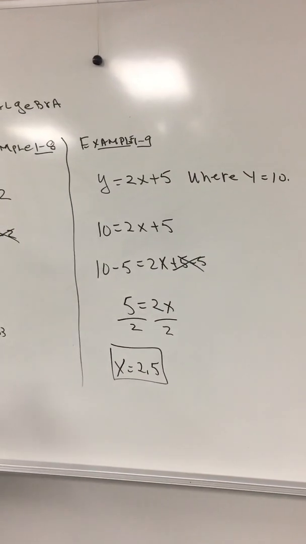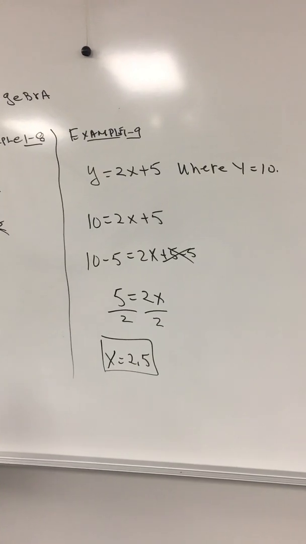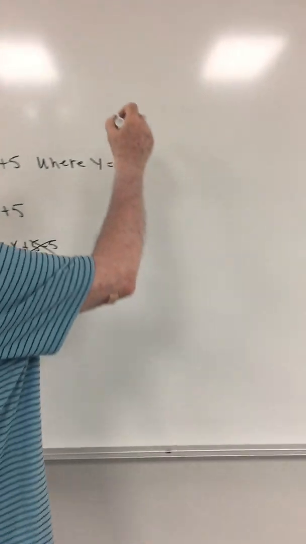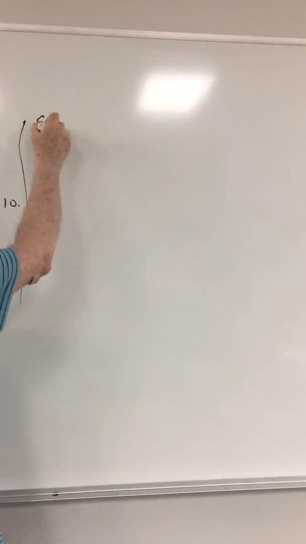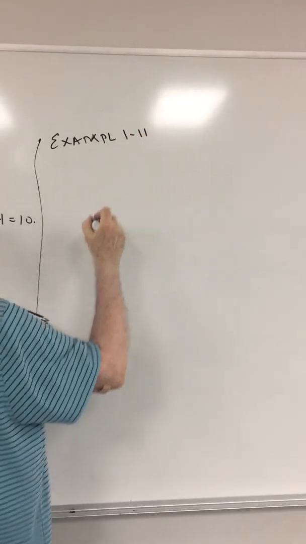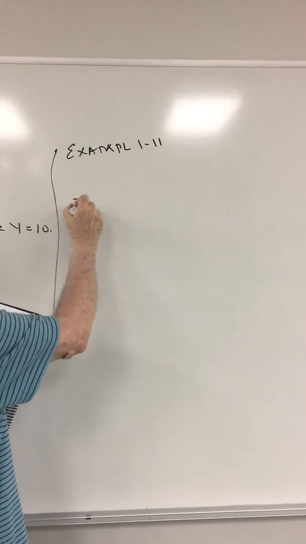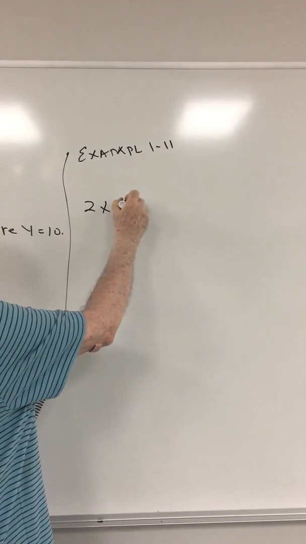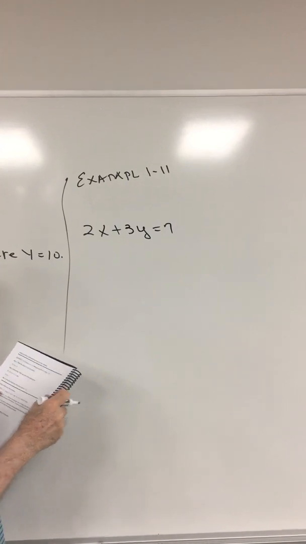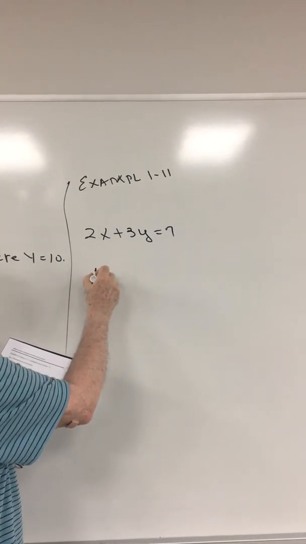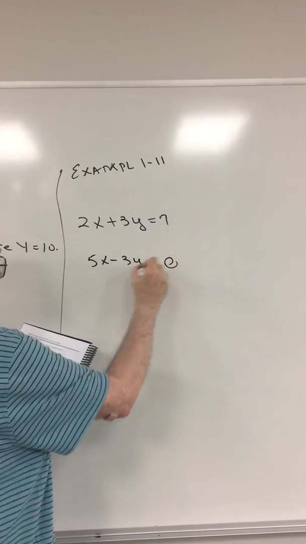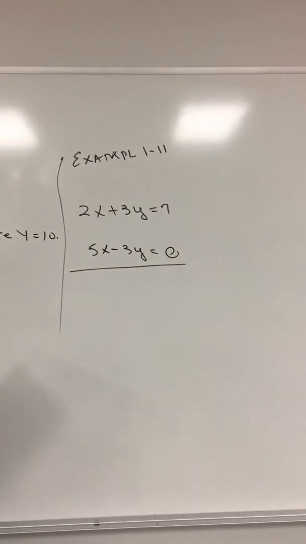All right? The next problem is on simultaneous equations. So this is example 1-11. If an equation says 2x plus 3y is equal to 7, and you have a second equation that says 5x minus 3y is equal to 0, we want to solve for both x and y.